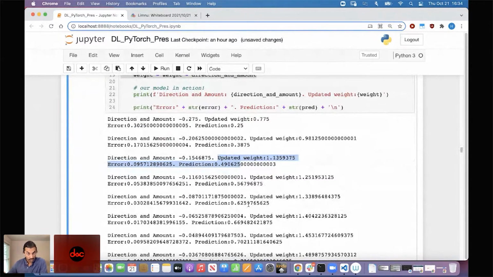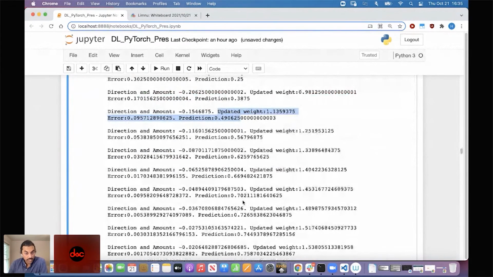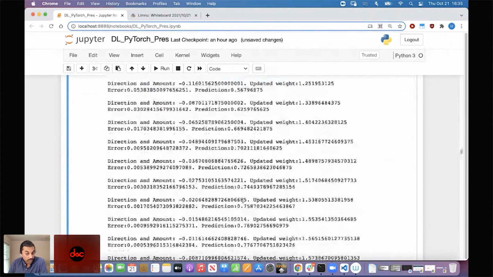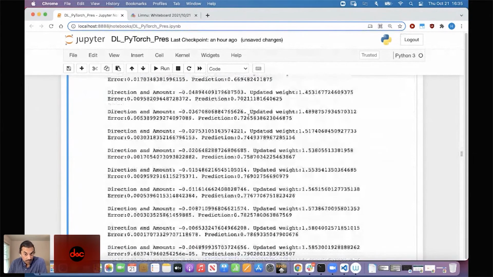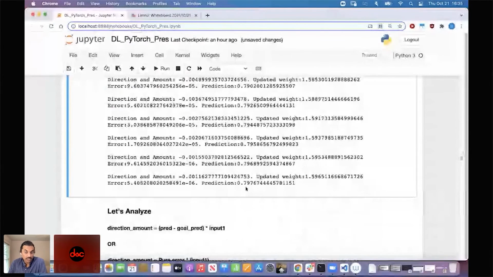Which is go up in terms of weight, and it's telling you the amount. And so we can see that, okay, after 20 iterations, we actually do get fairly close. So 0.72, 0.74, 0.75, and finally at the last iteration, 0.79.